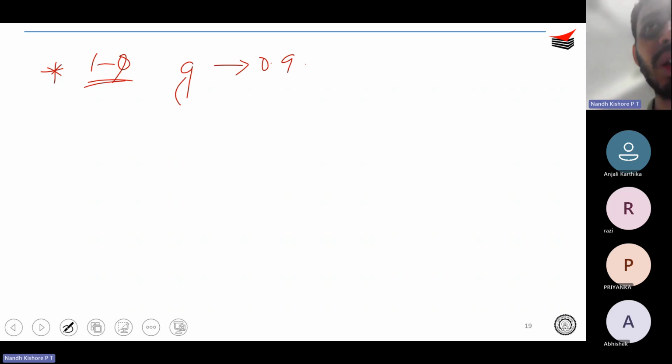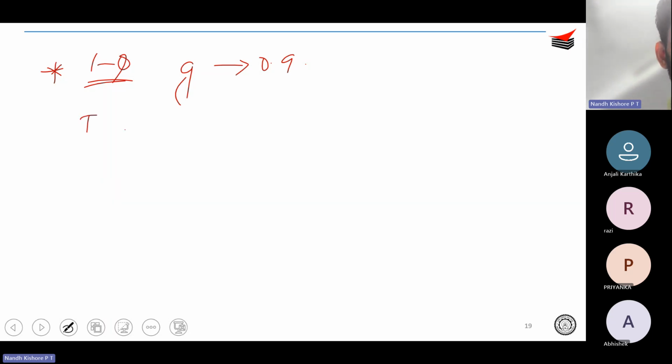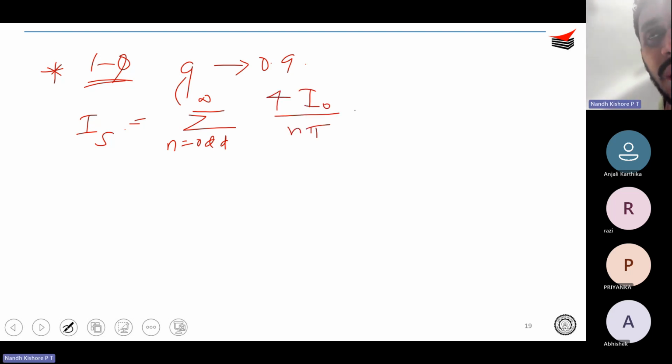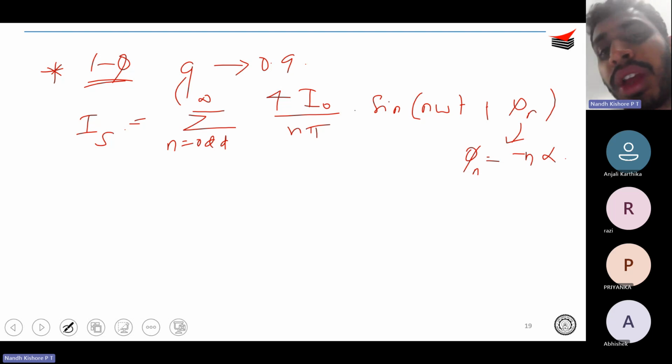We wrote the Fourier series for the source current. The source current IS is equal to sigma, n equal to odd to infinity, 4 I naught by n pi sin of n omega t plus phi n, where phi n is equal to minus n alpha, alpha is the firing angle and n is the harmonic order.